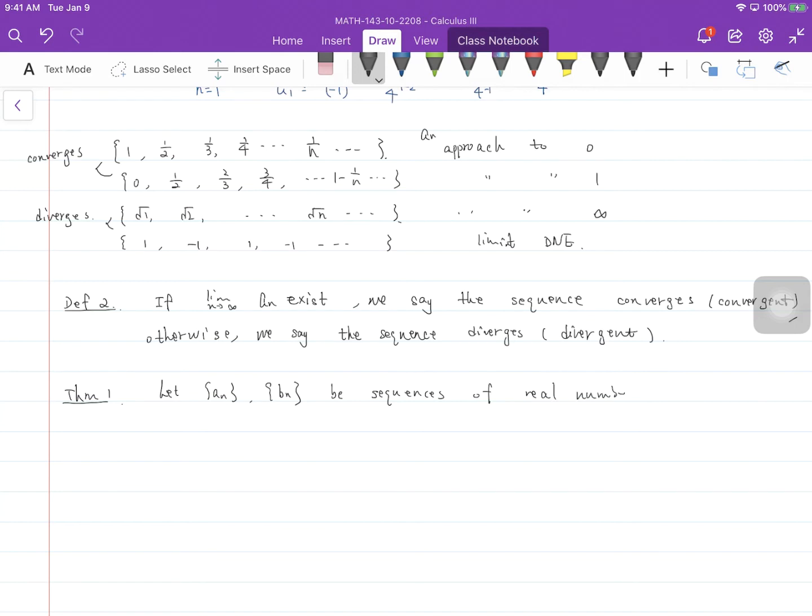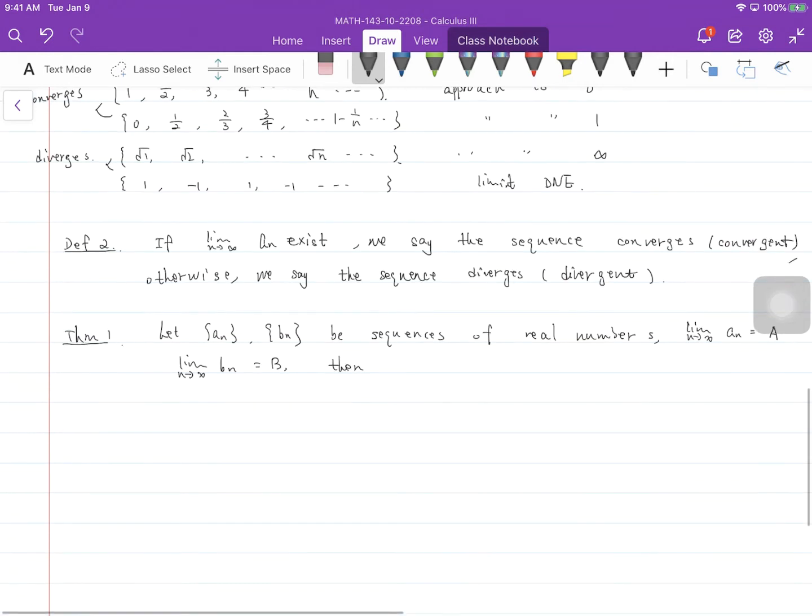That means all the terms are real numbers. The limits exist: if the limit of a_n is capital A and the limit of b_n is capital B, then we have the following conclusions.